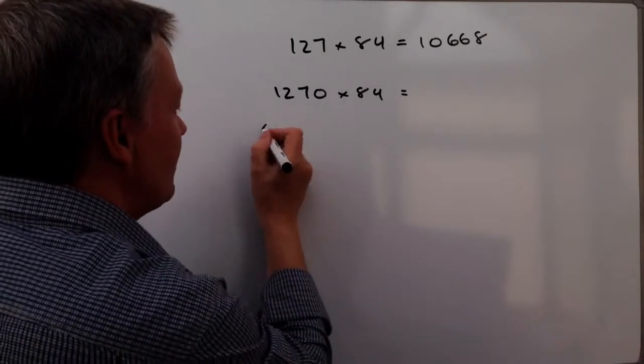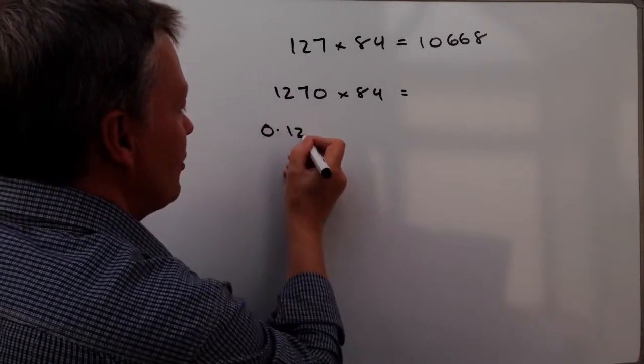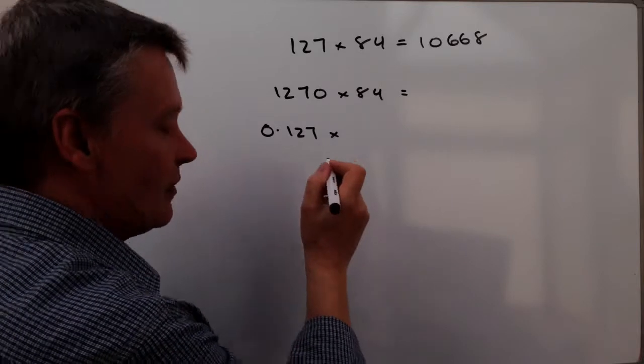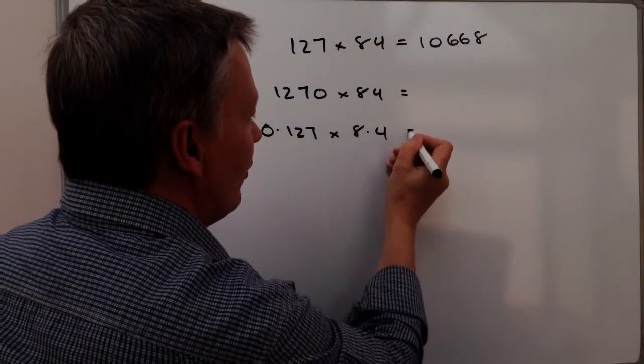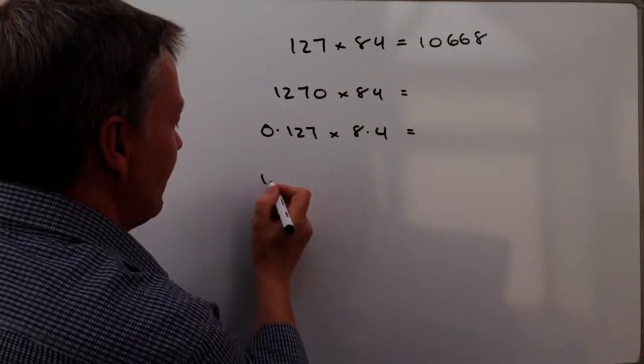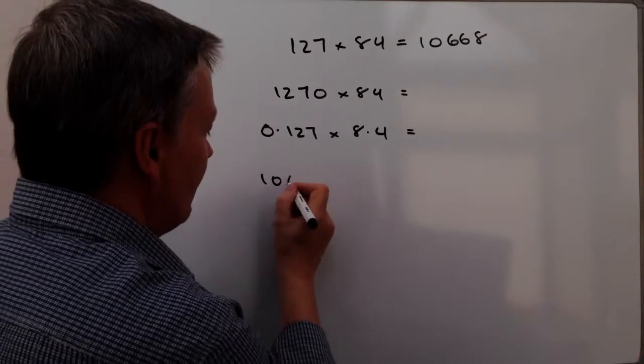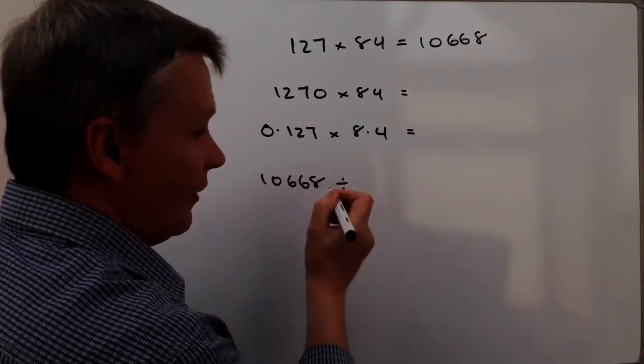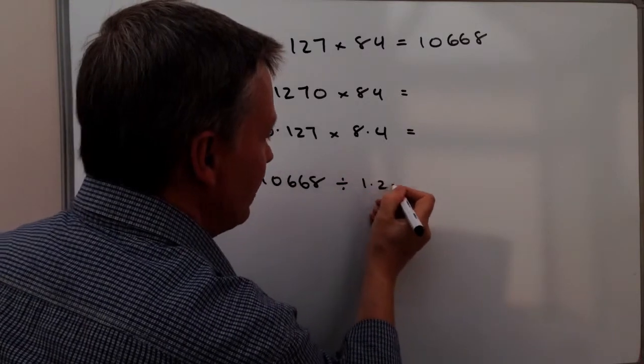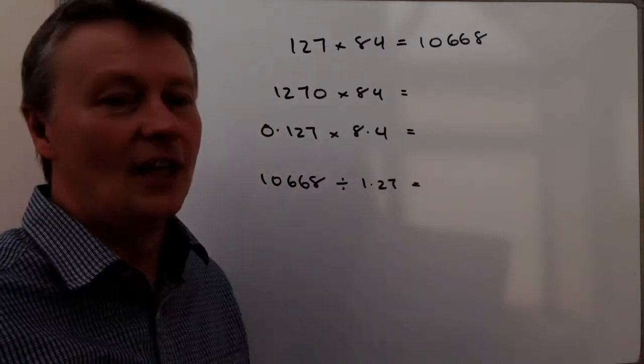Also, what is 0.127 times 8.4? And also, what is 10,668 divided by 1.27? What does that equal?